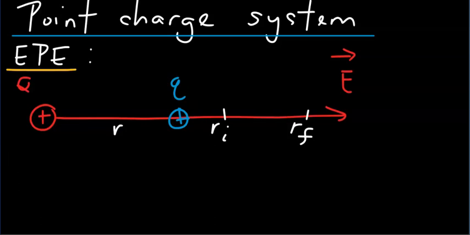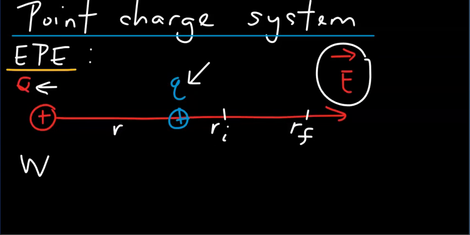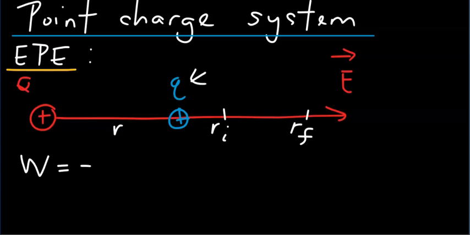As we said before, the work done on this charge by that charge, because this field is created by this capital Q, so the work done on this little q is minus the change in the electric potential energy of the system, which is the initial electric potential energy minus the final electric potential energy of the system.